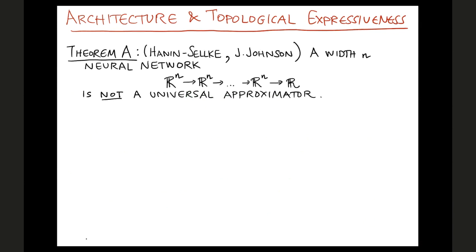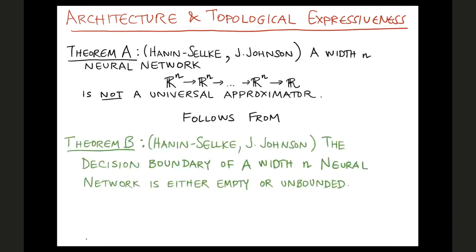And what is cool about the way that they proved this is that it follows from a topological result. They prove that the decision boundary of a width n neural network is either empty or unbounded. So the only kinds of functions that they can approximate are functions of this kind.